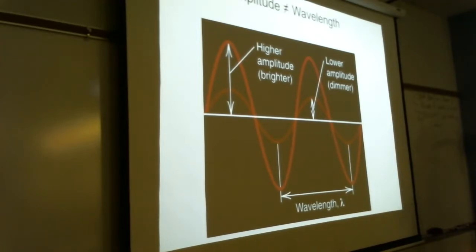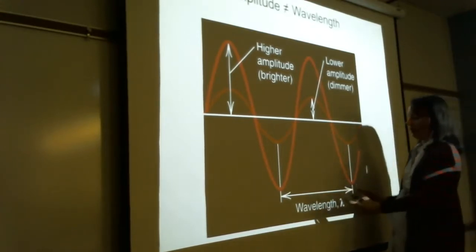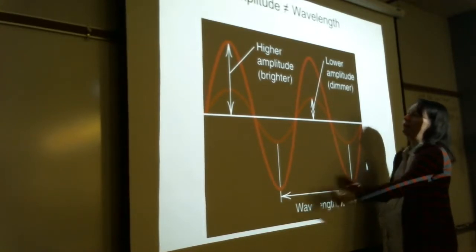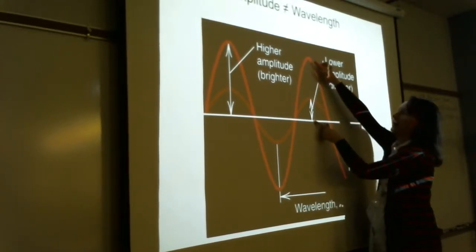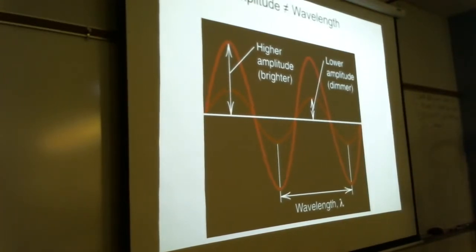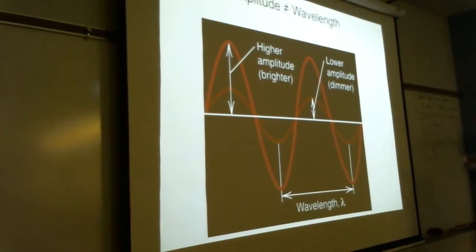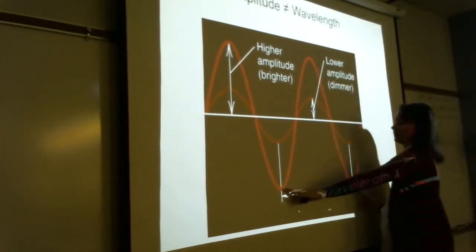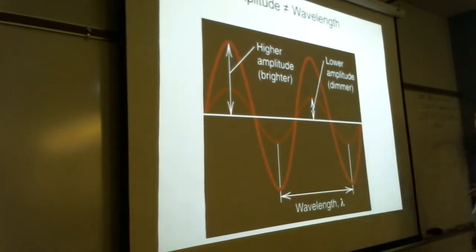So what's the difference between amplitude and wavelength? They're not the same thing, right? These 2 waves have the same wavelength, yes, but they don't have the same amplitude, right? They don't have the same height. So just make sure you understand, because this is one that students really mess up a lot. Amplitude is this distance versus wavelength is this distance, okay?